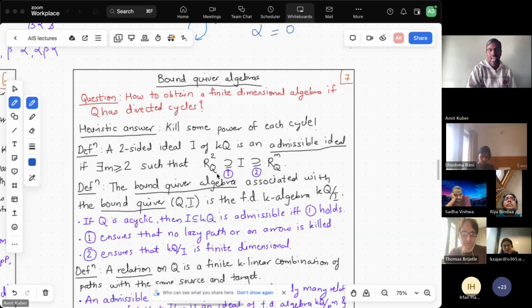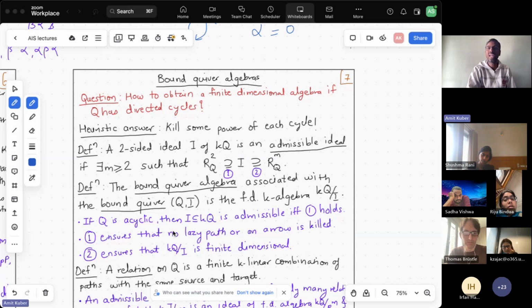And finally, because some power of the arrow ideal is contained inside I, we know that KQ mod I is finite. Because it is a quotient algebra of the algebra KQ mod RQ to the power M, which is a finite dimensional algebra.